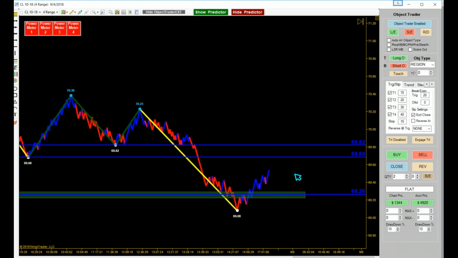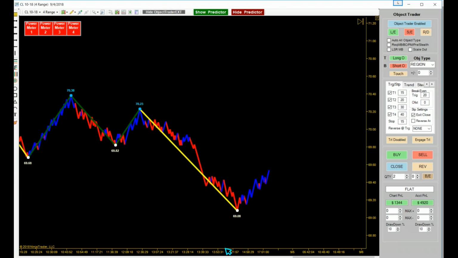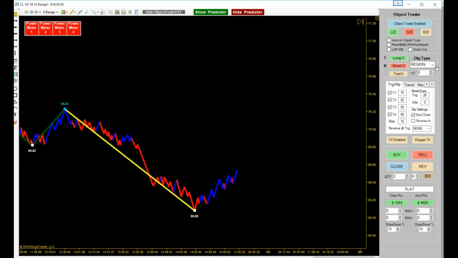So boxing it in and trend lines and sniper lines and wedge lines, bar close type trades, that's why we designed all this into ObjectTrader. Regions, bar close, lightning 1, lightning 2, predictor, ray, sniper, stealth, time trade, and the wedge.